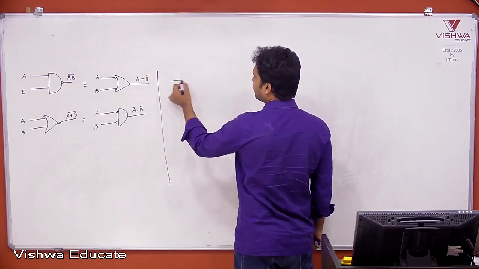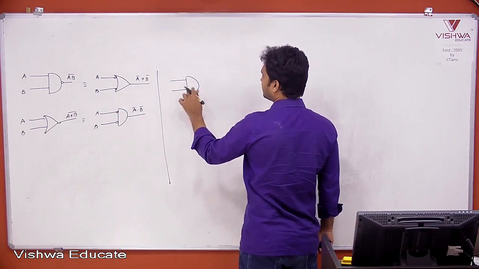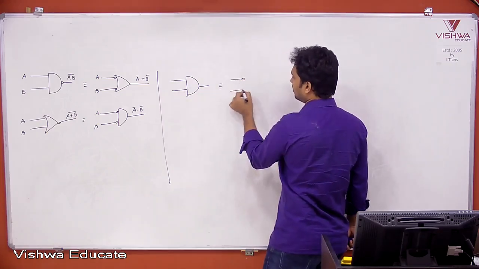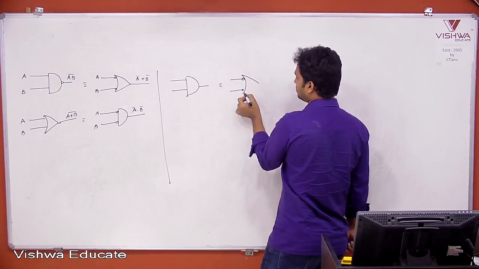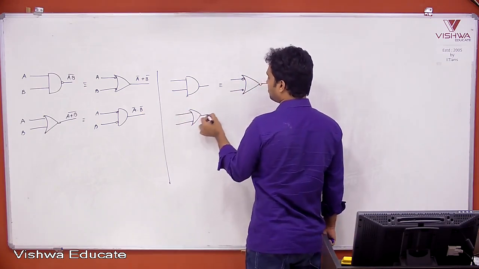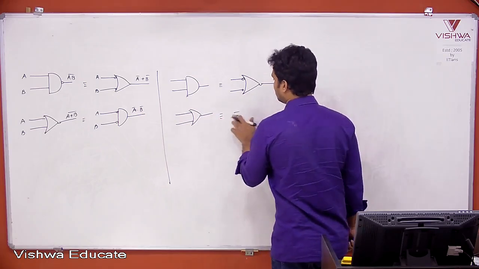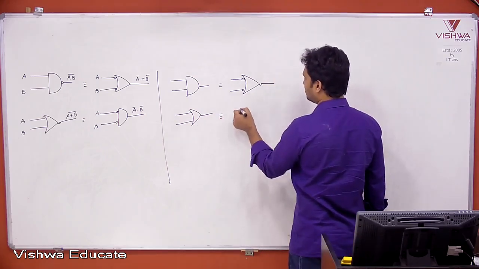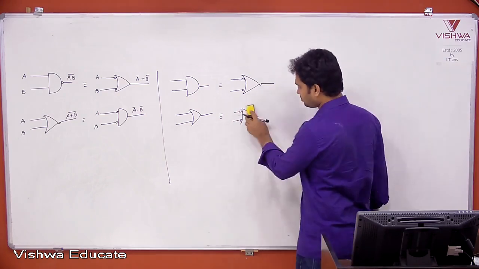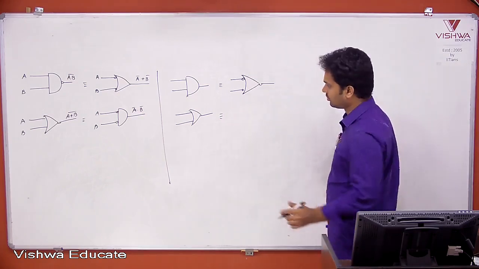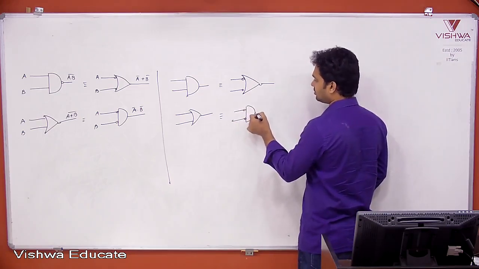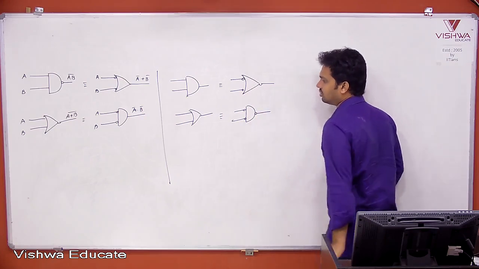Using this, an AND gate can be obtained by a bubbled input NOR, and an OR gate by a bubbled input NAND.